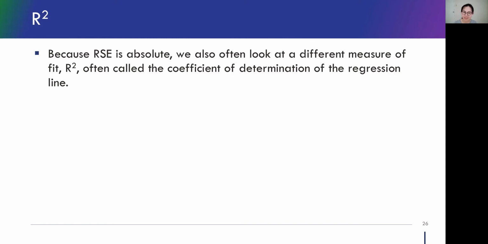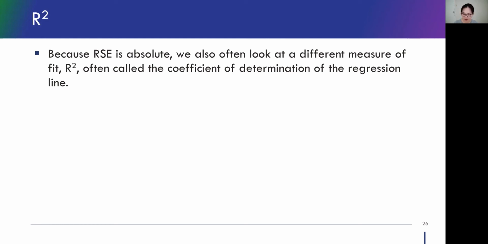Okay, another assessing method is called R squared. This should be familiar to everyone. Because the RSE is absolute and depends on the context, we now want to look at R squared, which is called the coefficient of determination of the regression line.